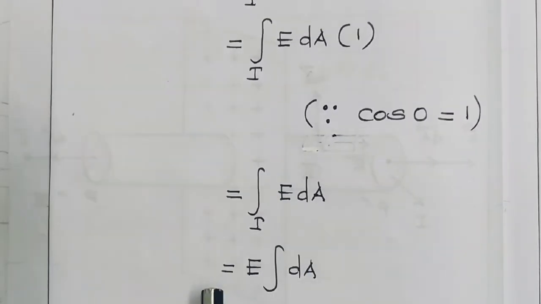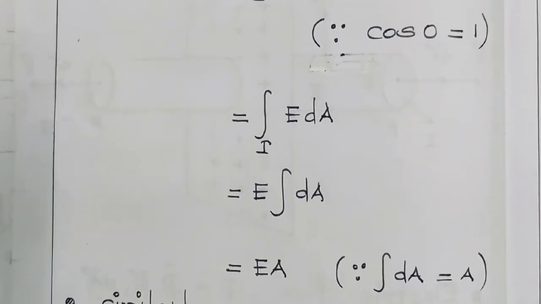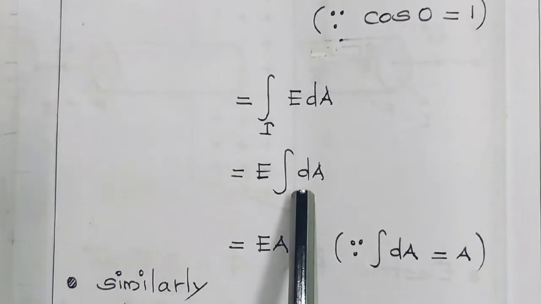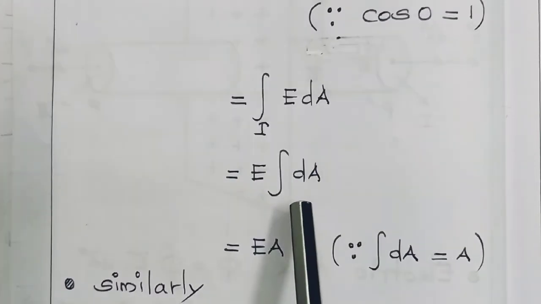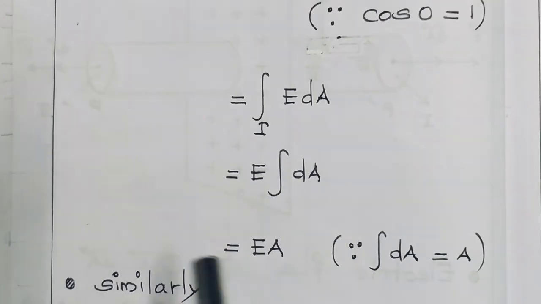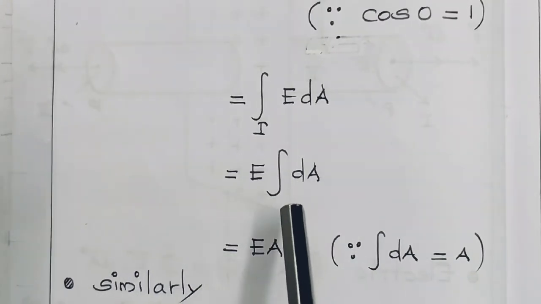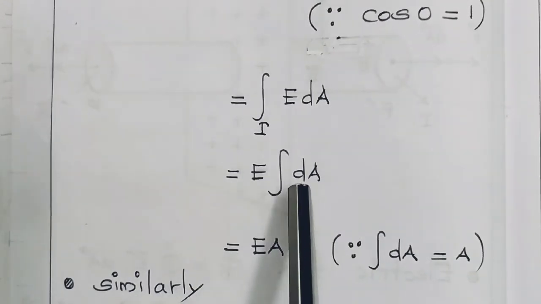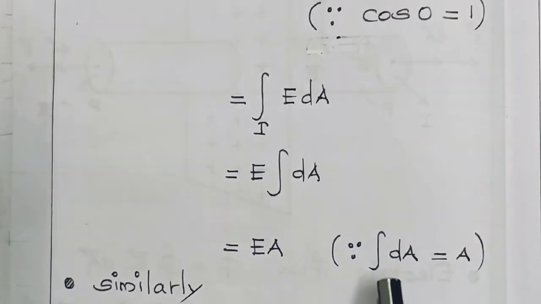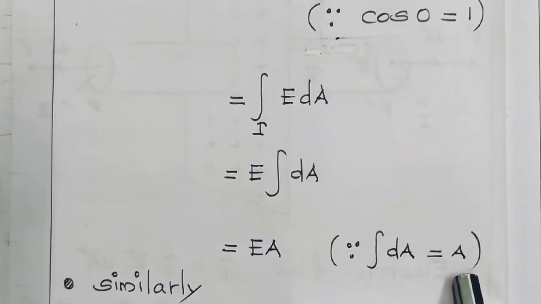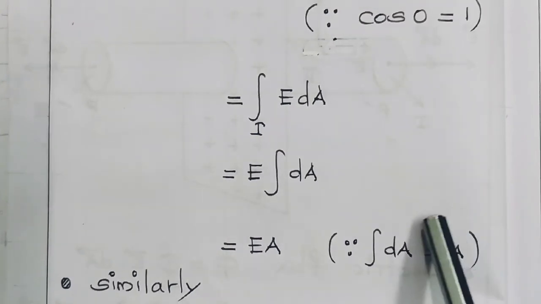Let us take the E out, and integration of dA. dA is a small surface, so when we integrate it, we will get the whole surface of which this small area is a part. So when we integrate dA, we will get A, that is the area of the cylinder's circular face.